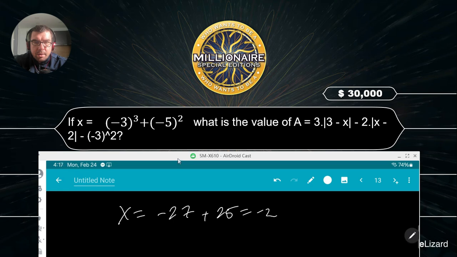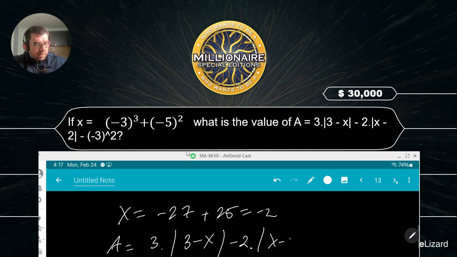And then my expression is 3 times modulus of (3 minus x), minus 2 times modulus of (x minus 2), minus... this should be (-3) to the power of 2. I forgot to add an exponent here, but this symbol in computer science indicates to the power of 2, so (-3) to the power of 2.